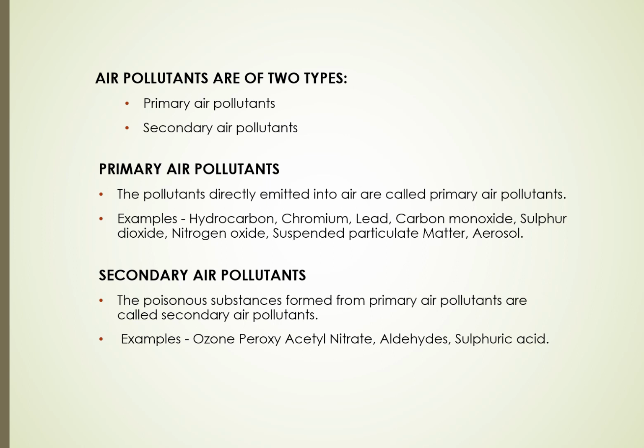Secondary air pollutants are the poisonous substances formed from the primary air pollutants. Examples of secondary air pollutants are ozone, peroxyacetyl nitrate, aldehydes, and sulfuric acid.